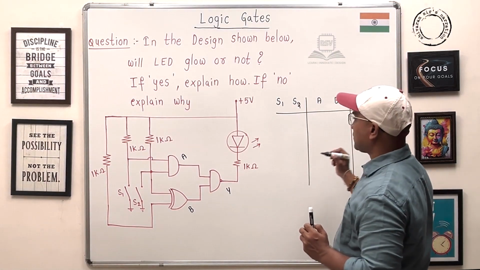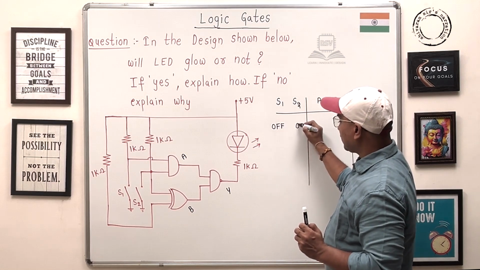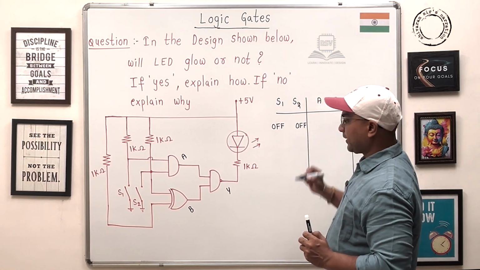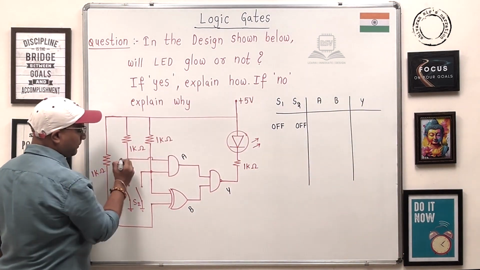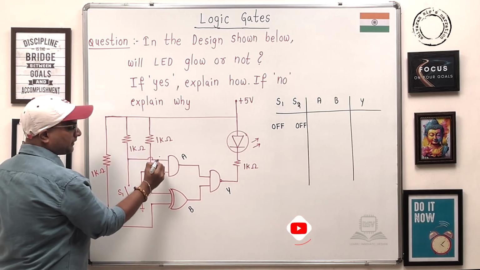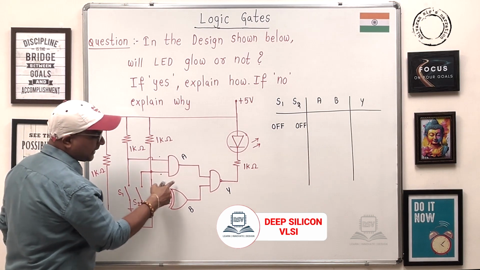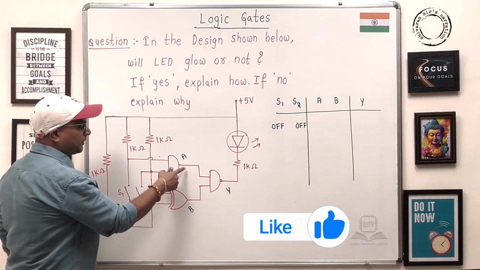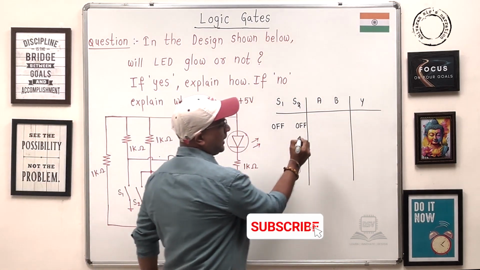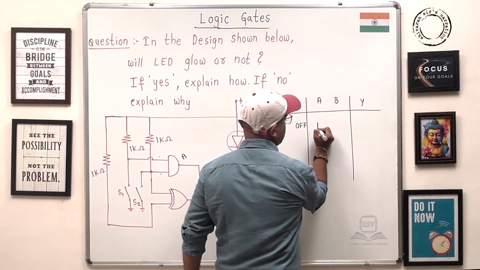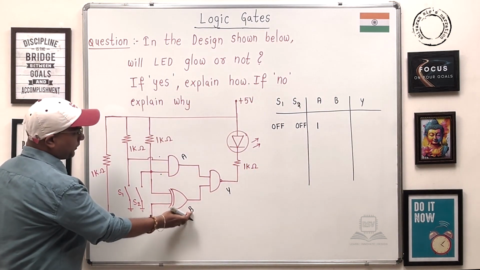Now, let's assume S1, S2 both are off. If both are off, they act like an open circuit. Then this 5 volts will appear here, and here also 5 volts will appear. Then the AND gate output becomes logic 1 because 1 into 1 is 1 only. Hence the output of the AND gate is logic 1. Similarly B, you take the output here.